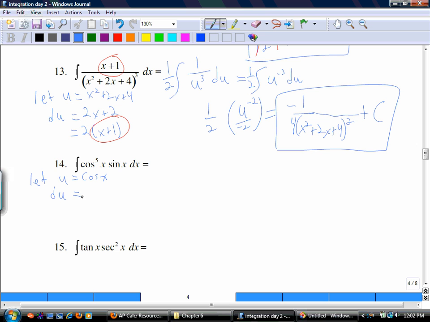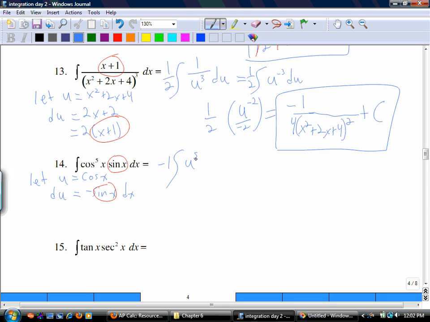So du is equal to what? Negative sine x dx. So you see what cancels? The sine x and the sine x cancel. What's my coefficient in front? Negative 1. Just a negative 1. What am I left with here? Yes, good.